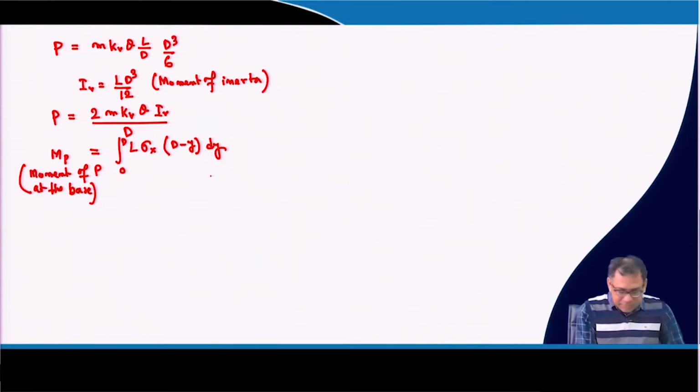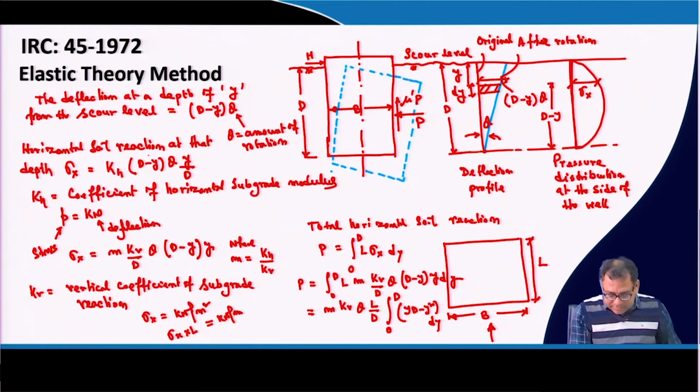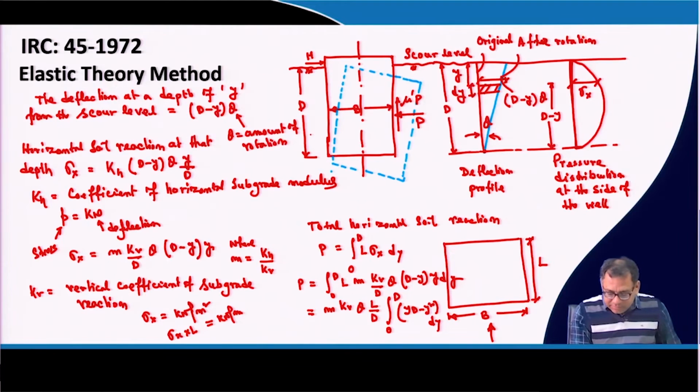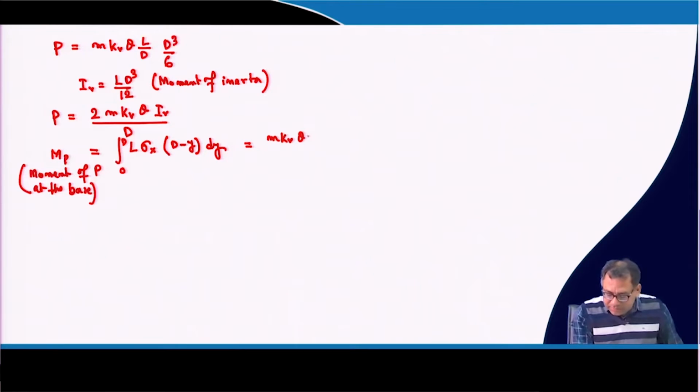So, we will get the total moment because of this P at the base. We can write that sigma x is this value, m k v d theta. So, this is m k v theta, then L by d, because we have multiplied by L divided by d, then integrated from 0 to d along the depth.